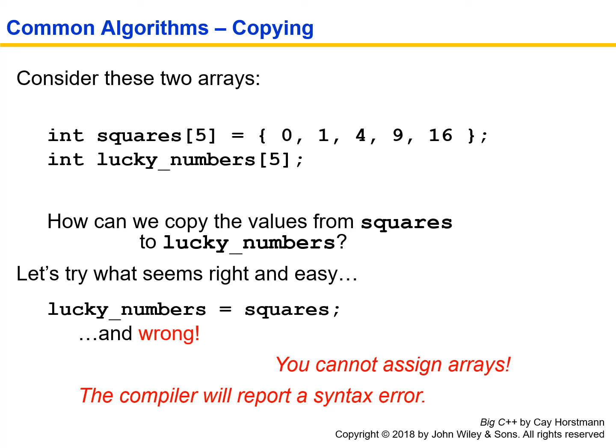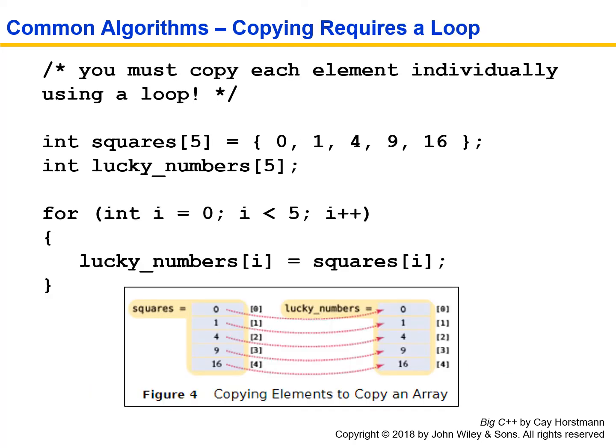You cannot assign an array this way. The compiler will give you a syntax error. What you have to do is loop through the entire array, one element at a time, and assign the value from squares over to lucky numbers, one element at a time.